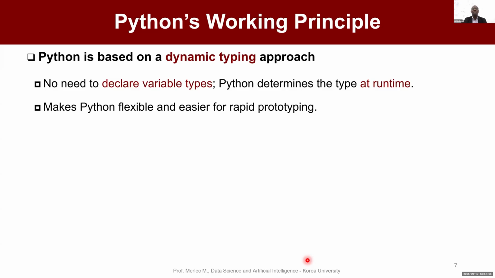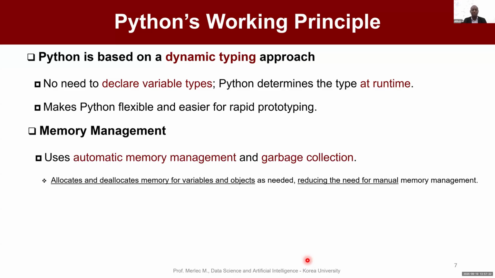So the variable type is determined depending on the value which is stored in the variable. So this will be determined at runtime. This makes Python flexible and easy for rapid prototyping because it doesn't depend on that initial declaration and a fixed typing.